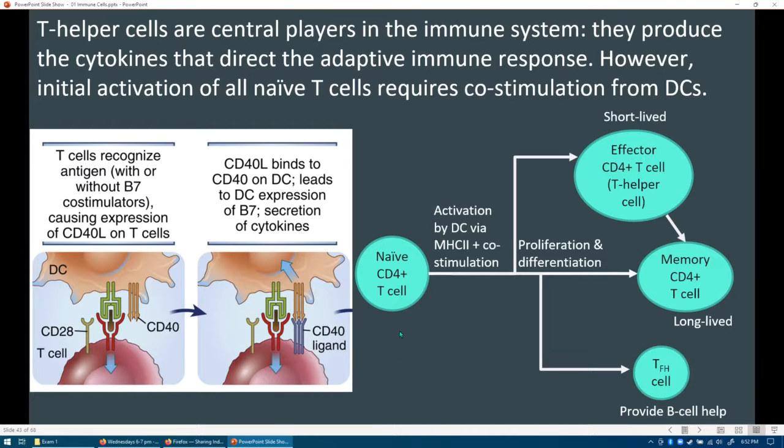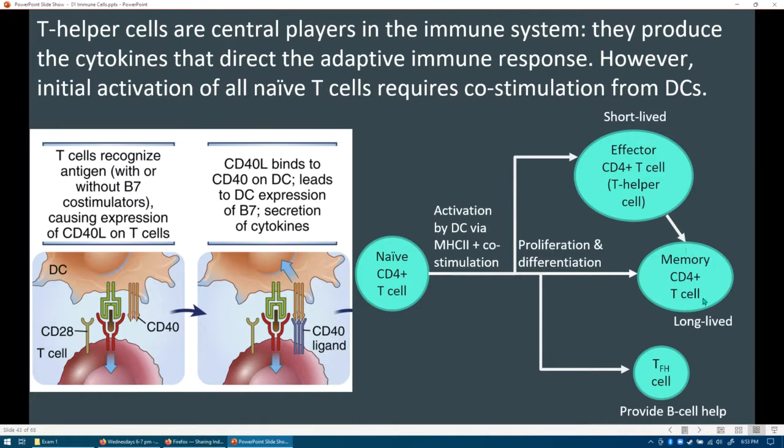And that T cell is going to respond to that MHC2 on that macrophage in the tissue by giving it just a ton of cytokines that activate it. The same thing goes for other cell types. However, there's a little bit of a difference in terms of what cytokines are made by different effector T helper cells. Okay, so your Th1 cells are going to make cytokines that help against a virus response. Th2 cells are going to be making cytokines that help against a parasite response.